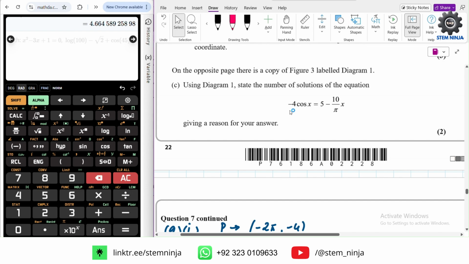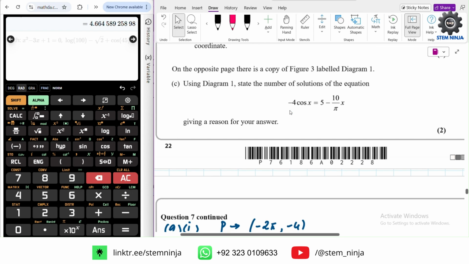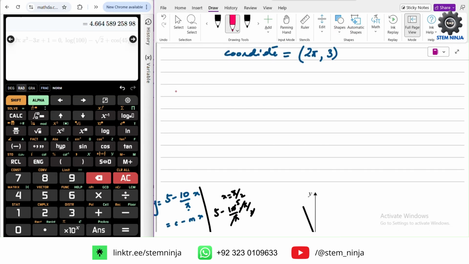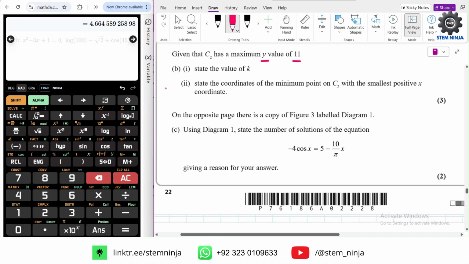Wait, sorry, where did it go? Giving a reason for your answer. State the number of solutions. Okay, so only one solution. Is this part D or C?